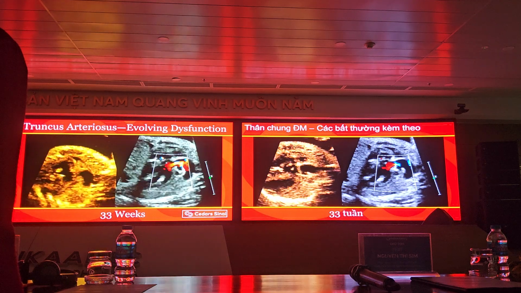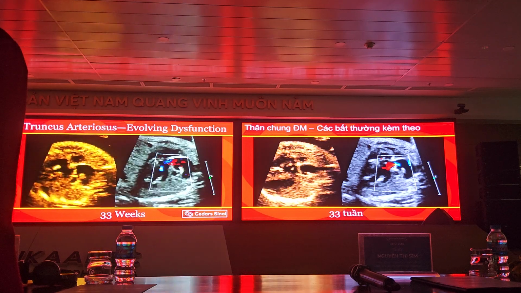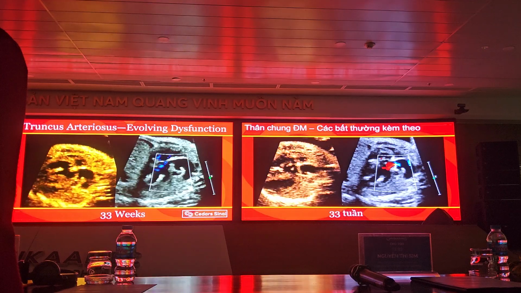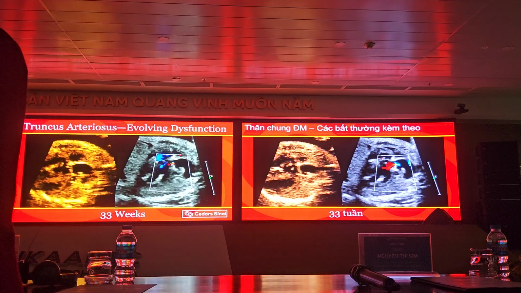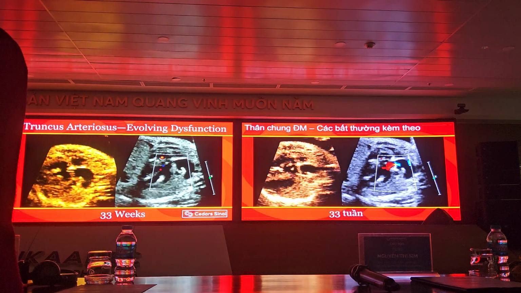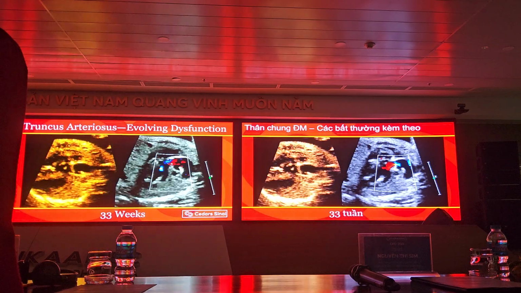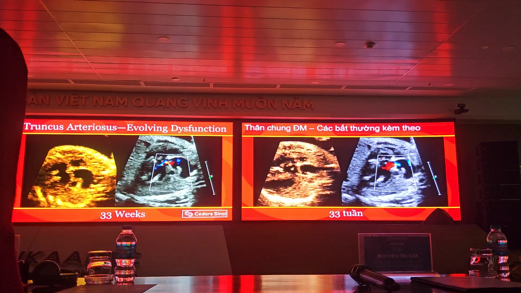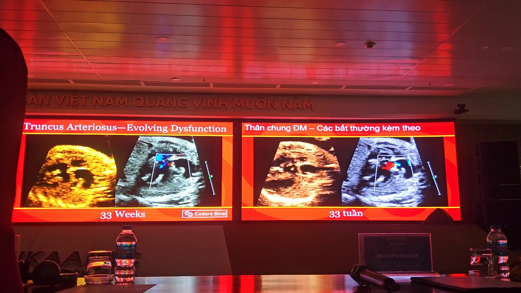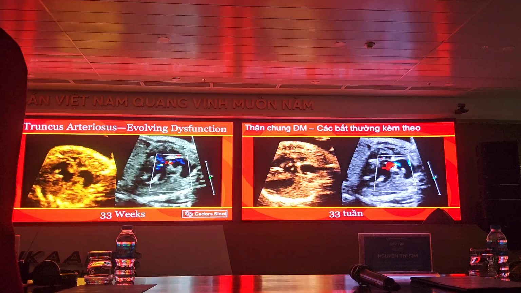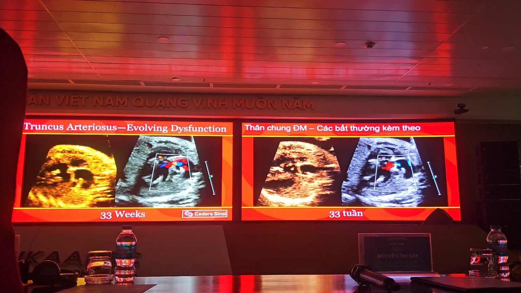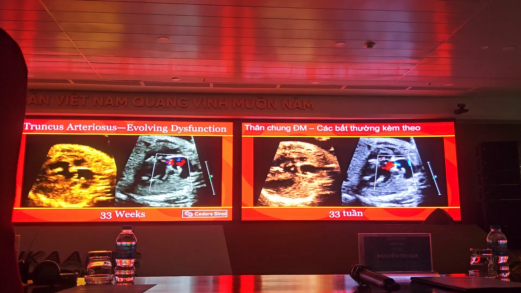But even without that, this is at 33 weeks. This is a fetus with severe truncal stenosis and regurgitation. So with the truncal stenosis, the only way out to the body or to the lungs is through a thickened valve, so the ventricles have to push hard to eject, so that takes a lot of oxygen. But there's also regurgitation, and the oxygen comes from the coronaries.